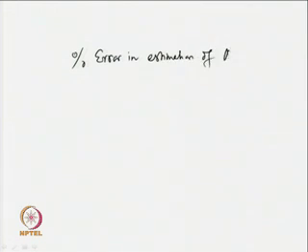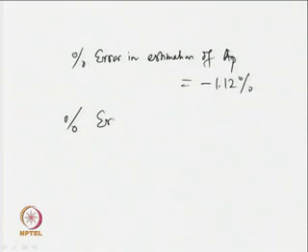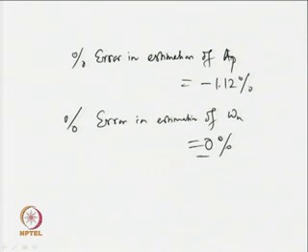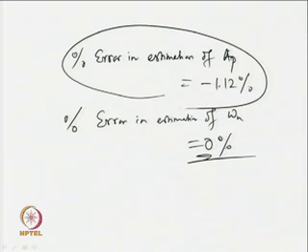Actually, if you see the tabular values, the percentage error in estimation of the peak amplitude is almost minus 1.12 percentage, and percentage error in estimation of the ultimate frequency is almost 0, okay, is 0. So, still the method is subjected to some estimation error.